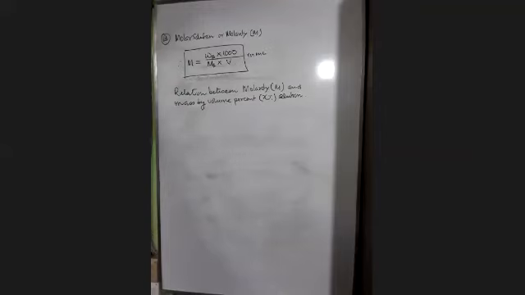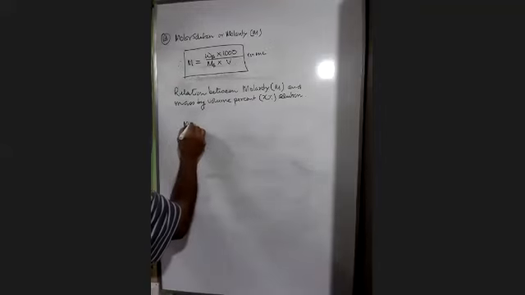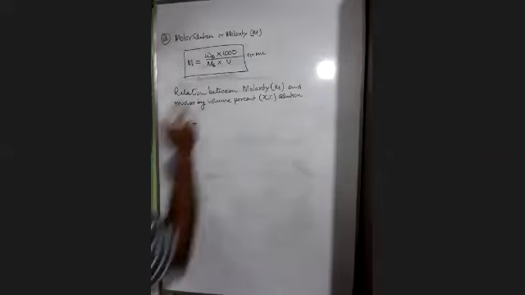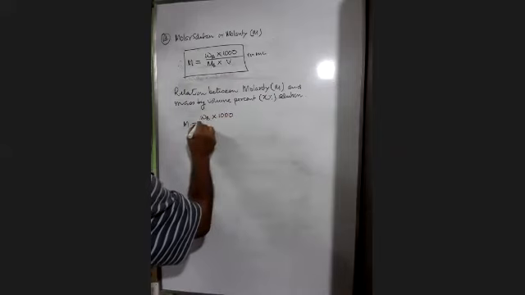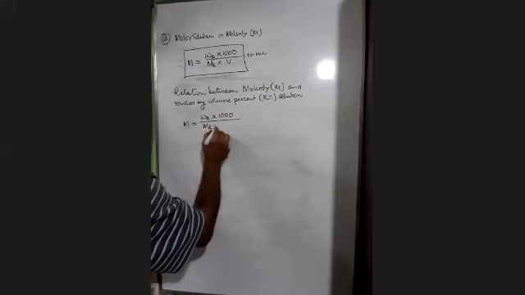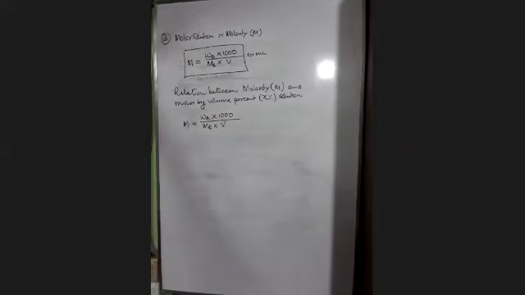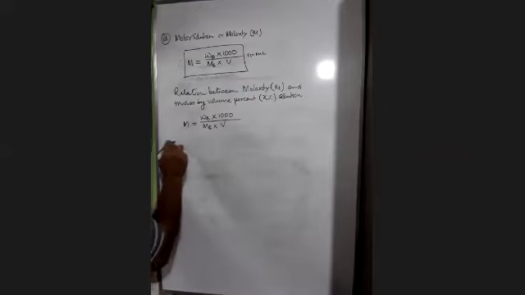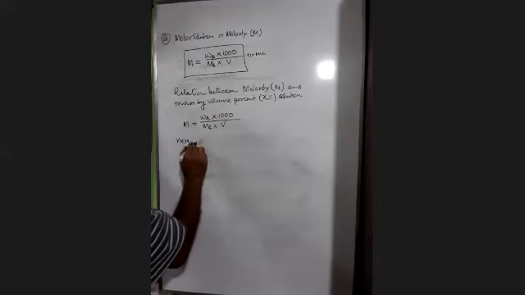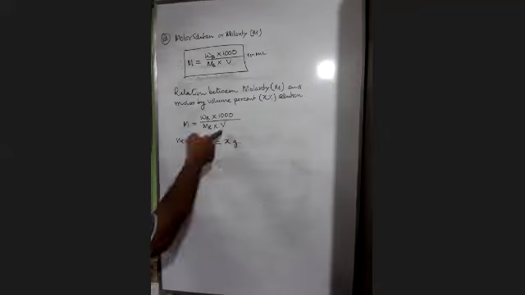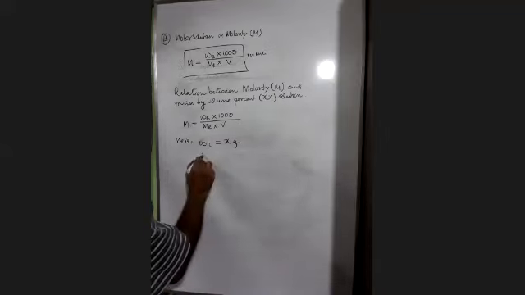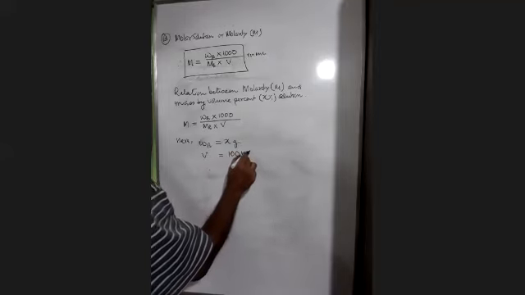So I'll write it like this. M is equal to WB into 1000 by MB into V. WB is X gram because it is mass by volume percent. Percent means the volume is 100 ml.